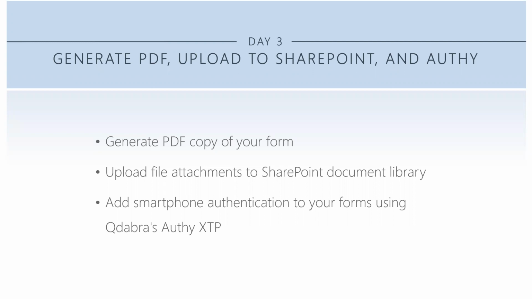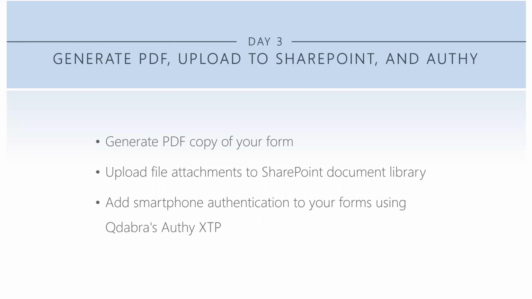Then the next lab is about uploading file attachments to a SharePoint document library. And this is in conjunction with lab 1. After you generate the PDF, some people want the PDF to be saved in a SharePoint document library. So we'll be using another command called save to SharePoint.